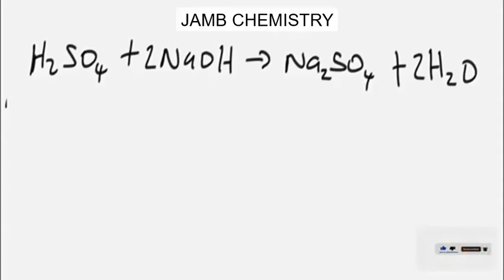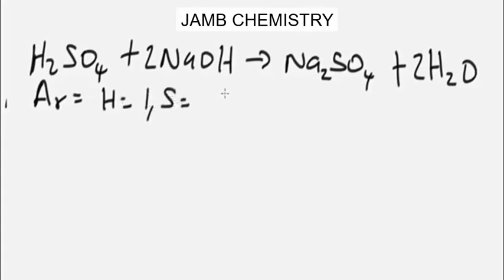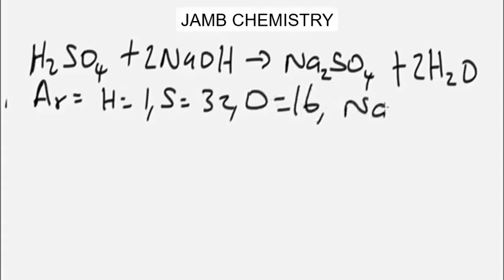Let me give you the relative atomic masses of these elements. We have hydrogen to be 1, sulfur to be 32, oxygen, and sodium to be 23.